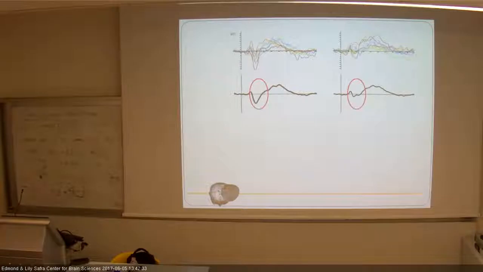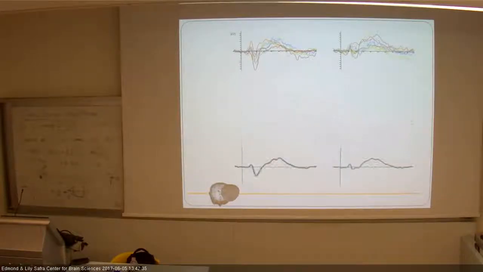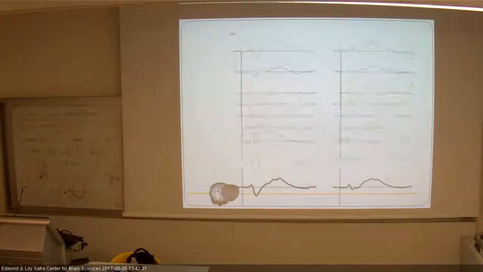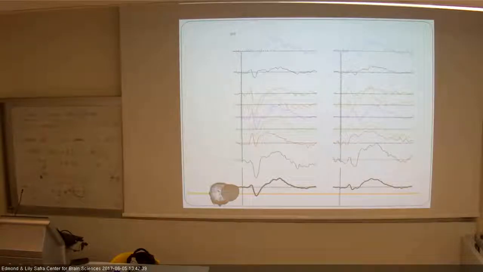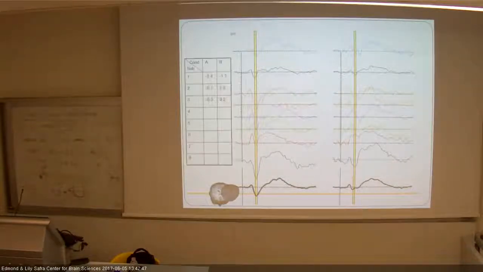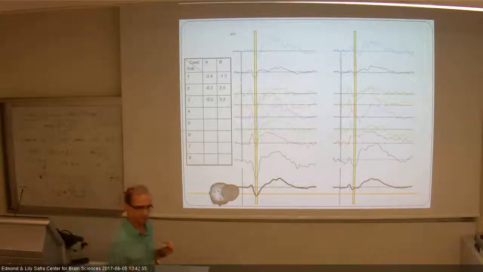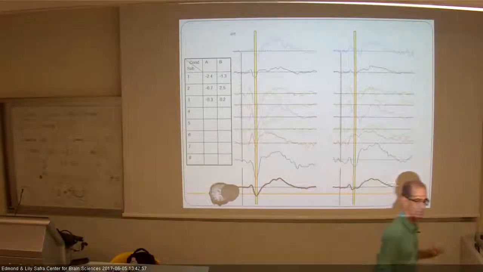So I need to look at each individual subject, and in a given window that I determined in some way, I'm going to measure the amplitude for each of the subjects, put it in a table, and do my statistics. So that's like a cookbook for the simplest ERP experiment.